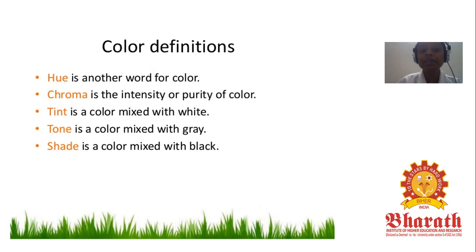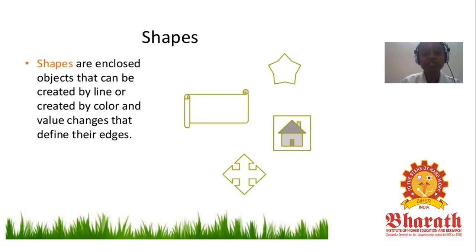Tint is when you mix any other color plus white, after that you get light shades. Tone is a color mixed with gray. Shade is a color mixed with black. When you mix any other color plus black, you will get dark shades. That's all. These are the color definitions.